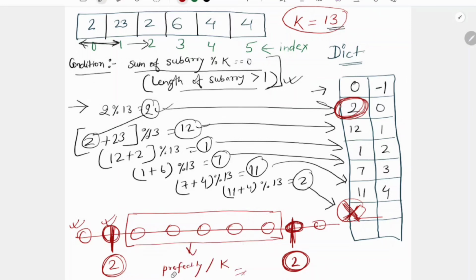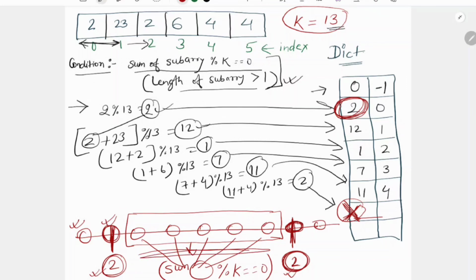Perfectly divisible by k. It means the sum of these elements percent k equals 0. Got it? Because the remainder we get here is the same remainder we get here, so all the elements in between have a remainder sum of 0, meaning it is divisible by k.